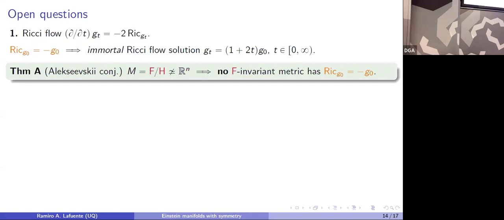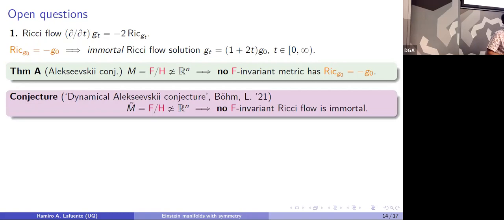Now, one could phrase the Alekseevsky conjecture as follows: that a homogeneous space which is not diffeomorphic to R^n has no invariant metric which is Einstein. This is a rephrasing of the conjecture.